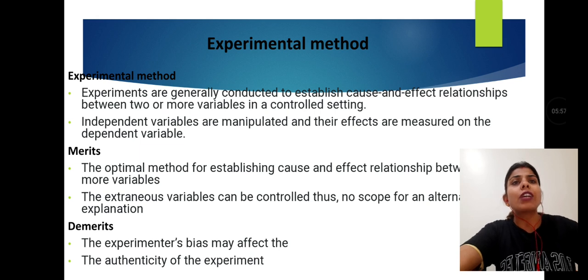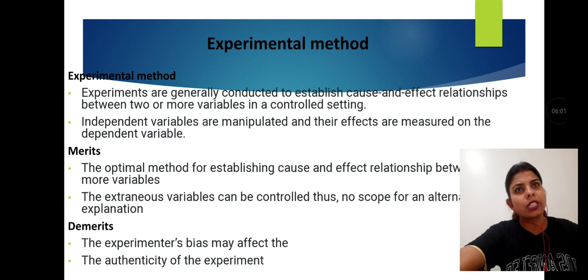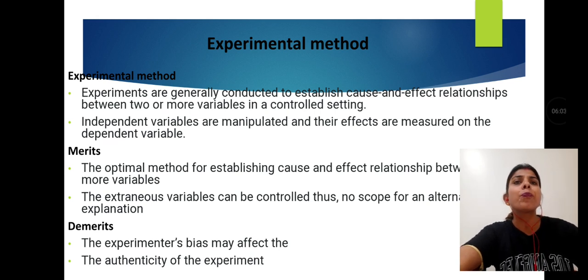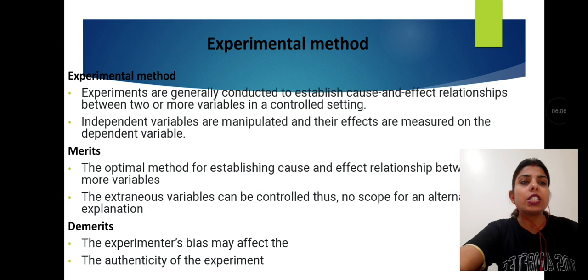Psychologists create a controlled environment where they can manipulate variables and measure their effect. The purpose is to study cause and effect relationships between variables. There are key terms: independent variable, dependent variable, and control group or irrelevant variable.